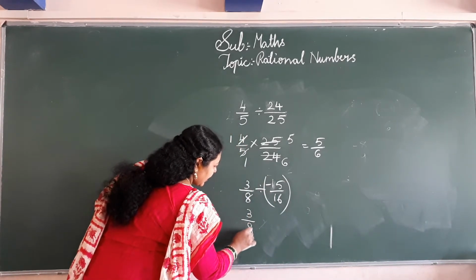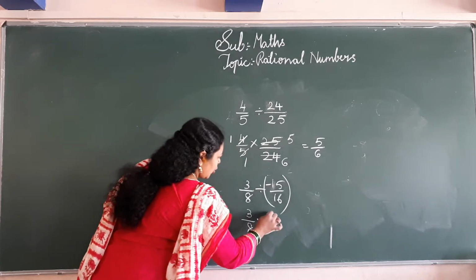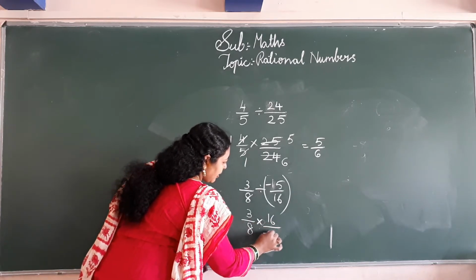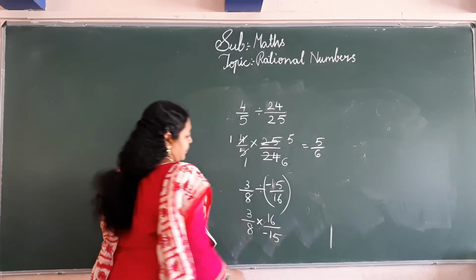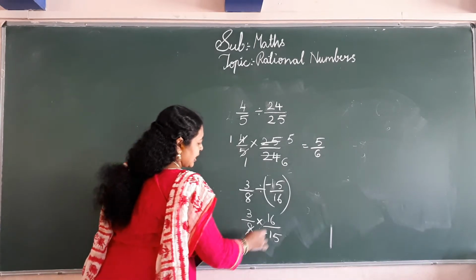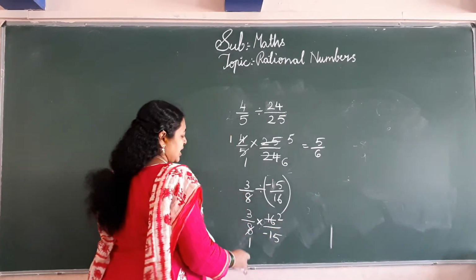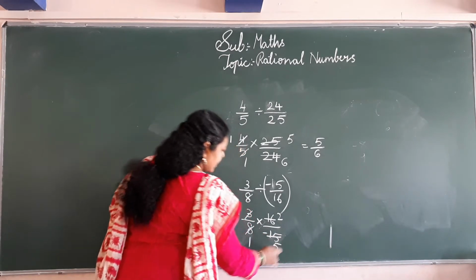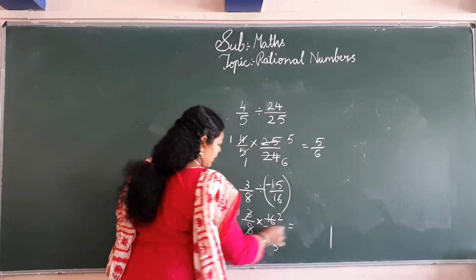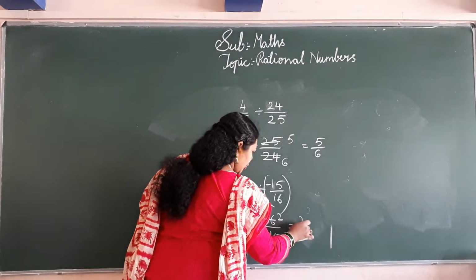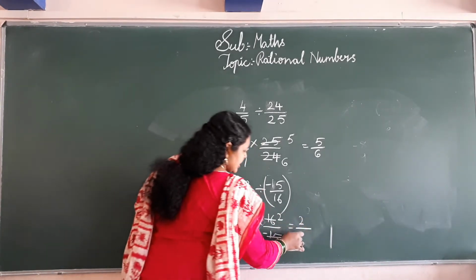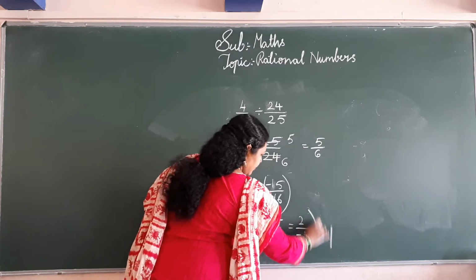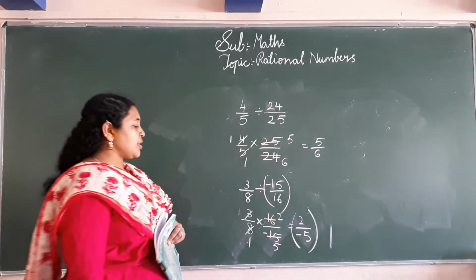Now take 3 by 8 into 16 by minus 15. Okay. 8 1s are 8, 8 2s are 16. 3 1s are 3, 3 5s are 15. Therefore, 2 1s are 2, 5 1s are minus 5. Okay, this is the answer.